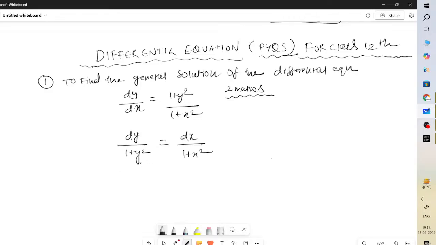Okay. Then now we integrate both sides. Here we integrate with respect to dy, and here in right hand side we integrate with respect to dx.